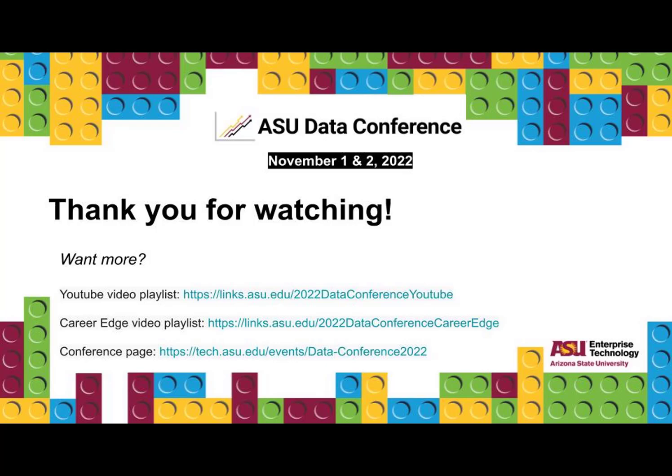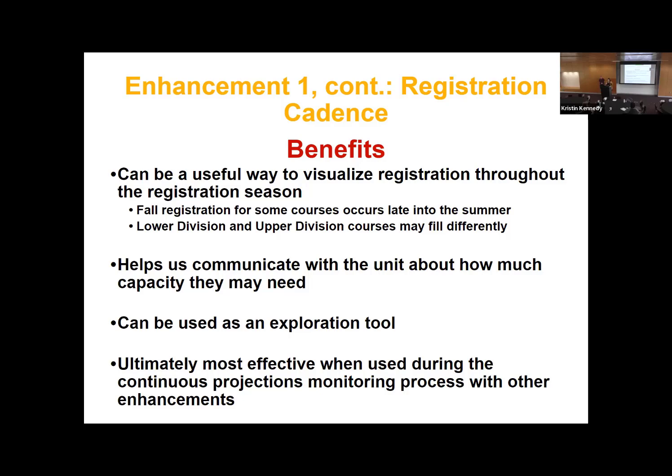Those lower division courses that are mainly taken by fall FYS will fill much differently than upper division courses. It really helps us communicate with our units about that process and gives some insight into what we're looking at when we do projections.